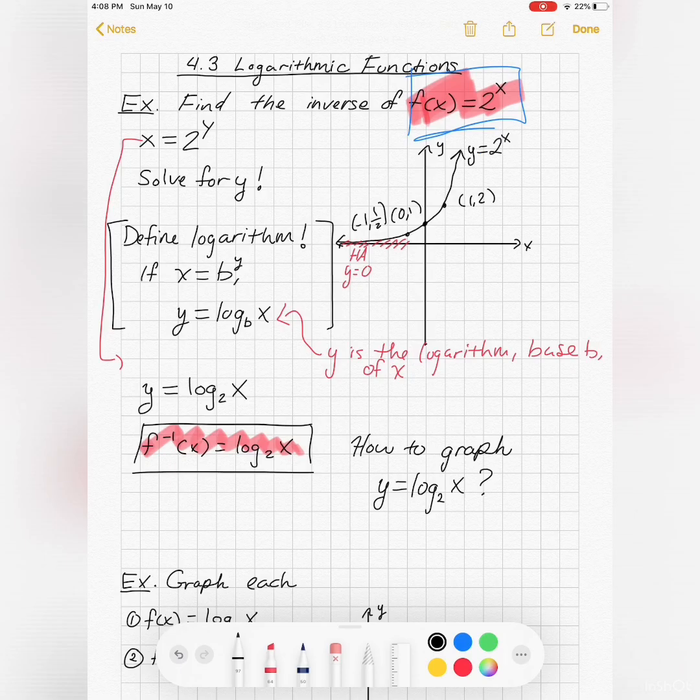So then how could I get the graph of the logarithm? Well, I would just reverse the x's and y's, right? Let's see, I'd have 2, 1, 1, 0, 1/2, negative 1.